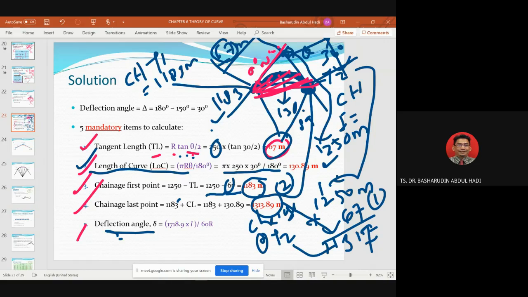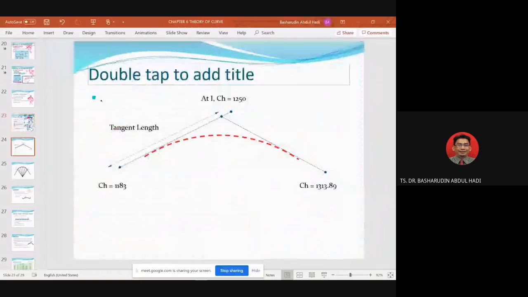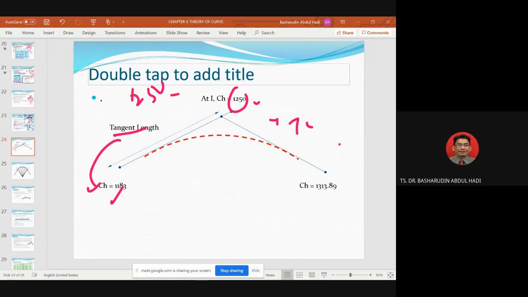Don't worry, after this we call it exercise. When you get this one, this is the conclusion. We have 8 points. I change 1250. We have changed at T1 1183 because 1250 minus tangent length gives you this one. 1250 plus tangent length, you get this one.